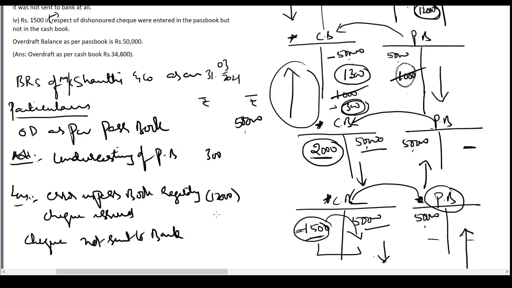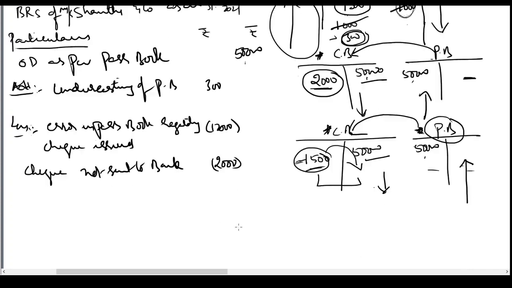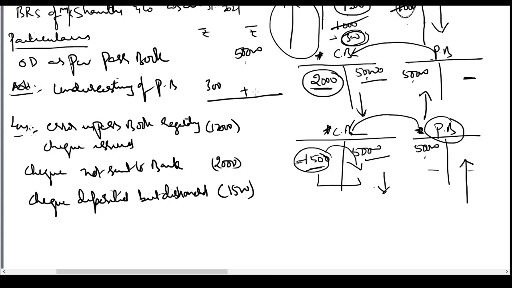A check was deposited but was not sent to the bank. How much was it? 2,000 rupees. There's one more item: check deposited but dishonored, 1,500. This is plus 300, 50,300.